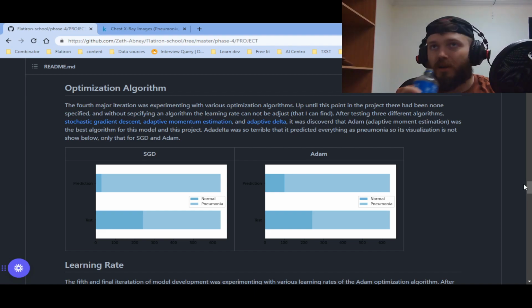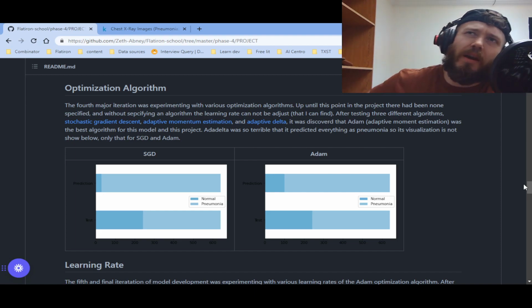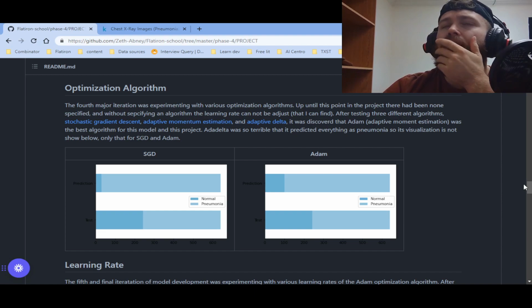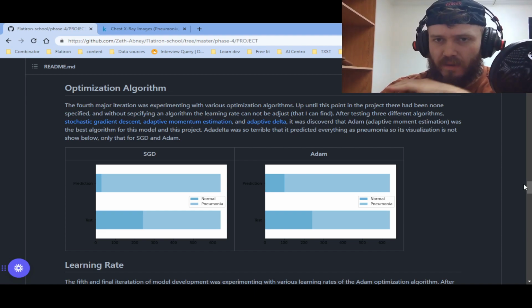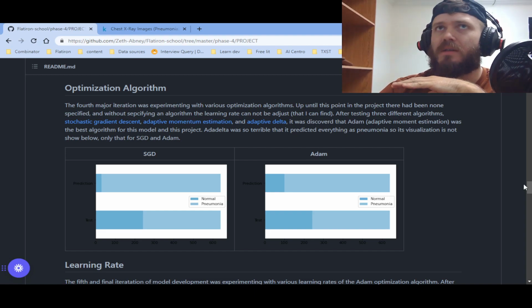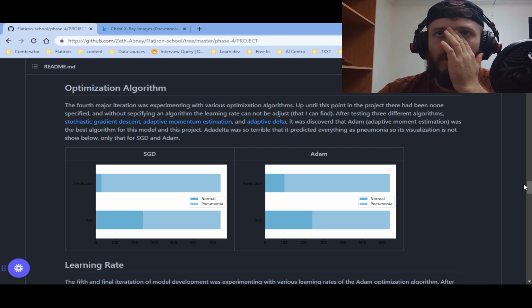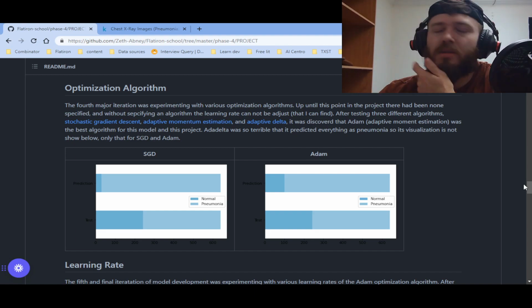So the optimization algorithm. I was reading through the Keras docs. I used the Keras library for this project. I couldn't find anything describing a default gradient descent algorithm for the neural network class object that you use in Keras.